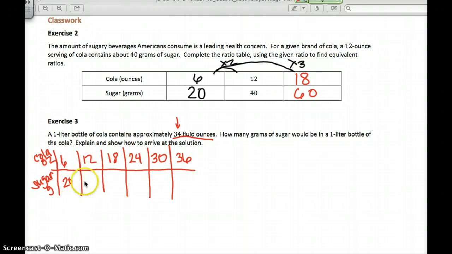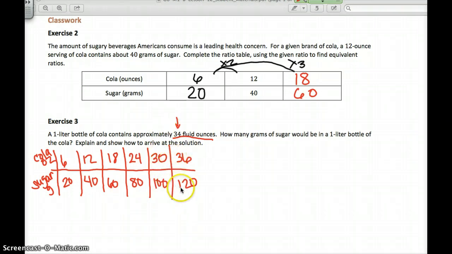Okay, so now I have 20, 40, 60, 80, 100, 120. Okay, so if we notice, can we use a ratio table to determine our answer? No, we need 34, and our chart, our table, is not showing us 34.